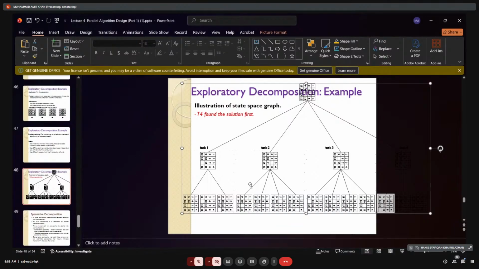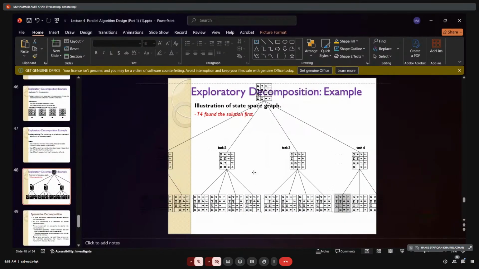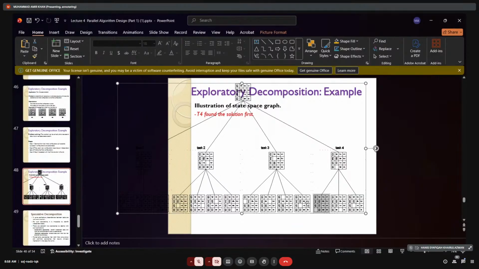If you move, you can move all, but task 4 will find the solution first. How? You can see here in task 4, we have 11 here. So what do we move? We move this 11 to where?